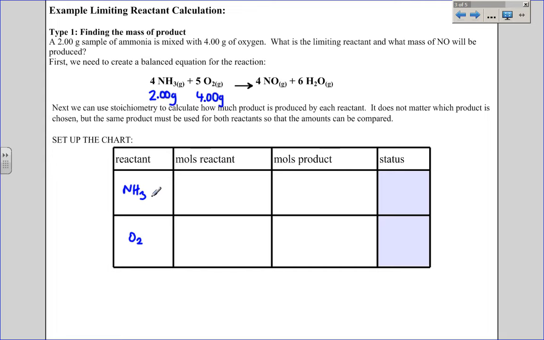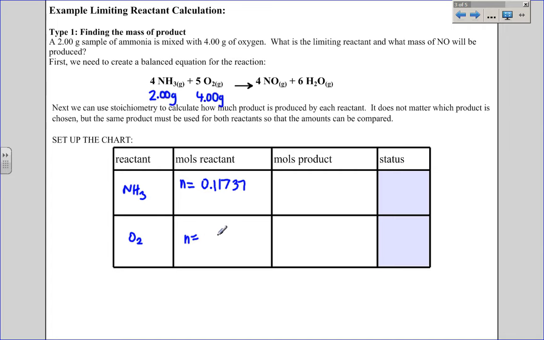So I have 2 grams of ammonia. In order to find the moles of ammonia, I need to divide by its molar mass. So I'm dividing by 17.04.